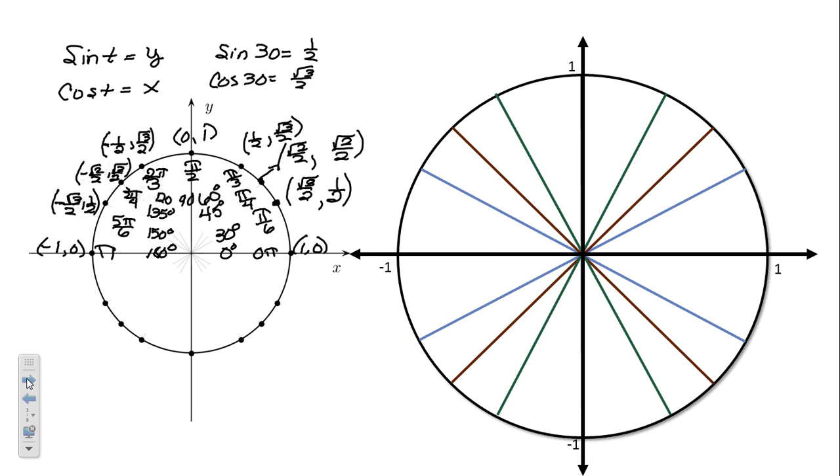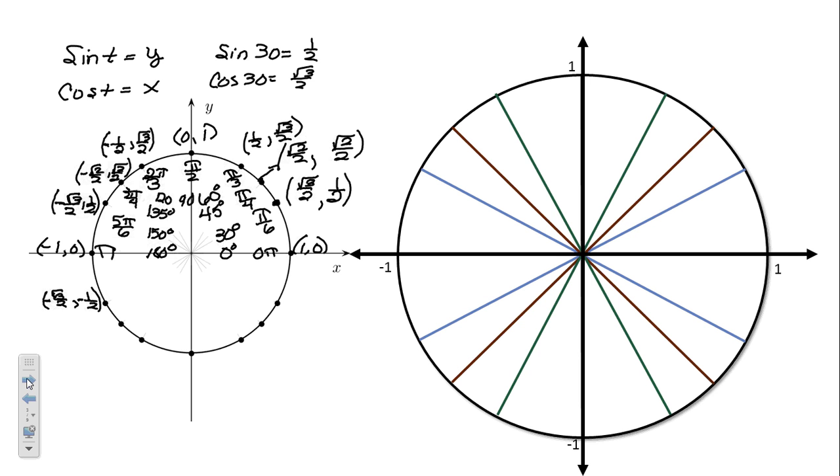So this is a 30-degree angle. What's the cosine of 30? Square root of 3 over 2, and we're negative. And what about the sine of 30? 1/2, positive or negative? Negative.